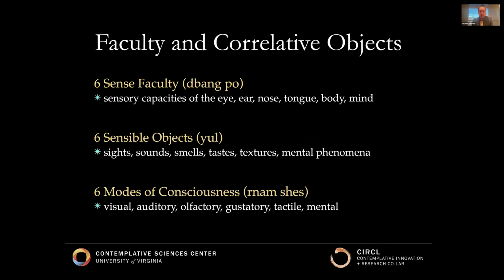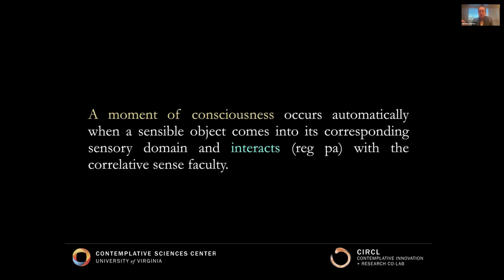There are further subliminal channels. But this gives rise to a moment of consciousness. That is to say, a moment of consciousness occurs automatically when a sensible object comes into its corresponding sense domain and interacts with, connects with, has a moment of contact with a correlative sense faculty.